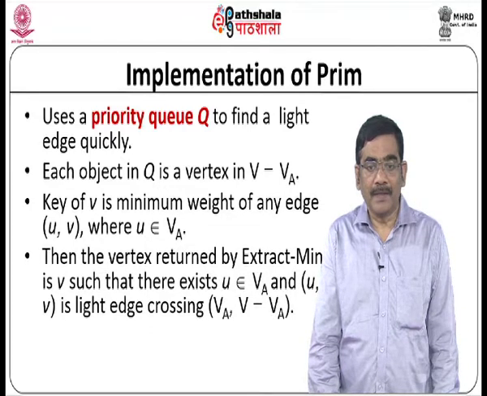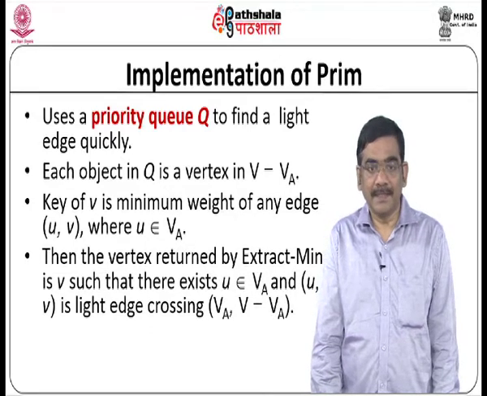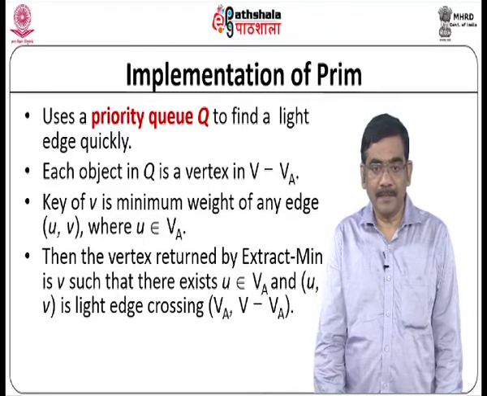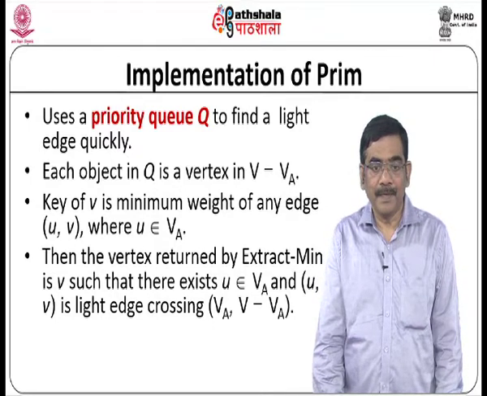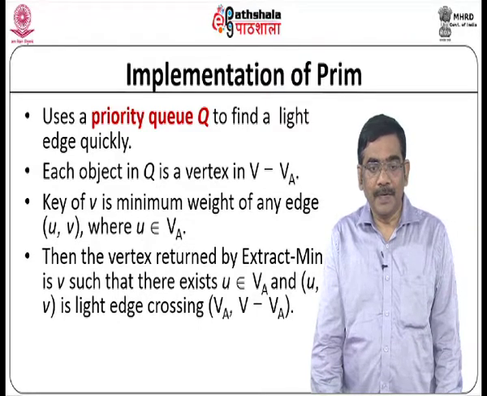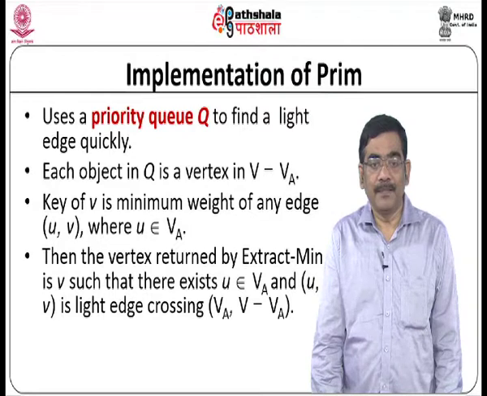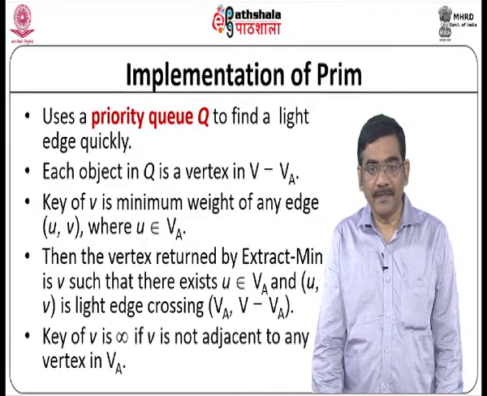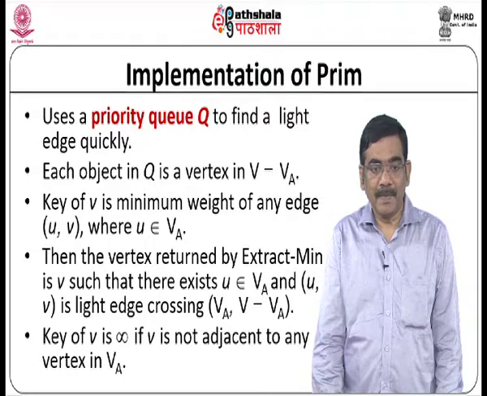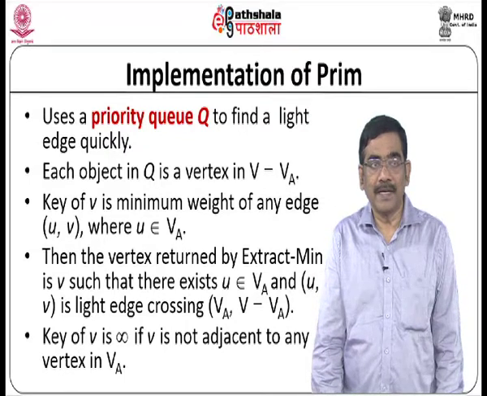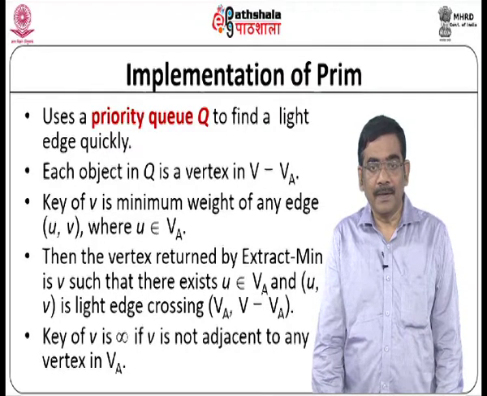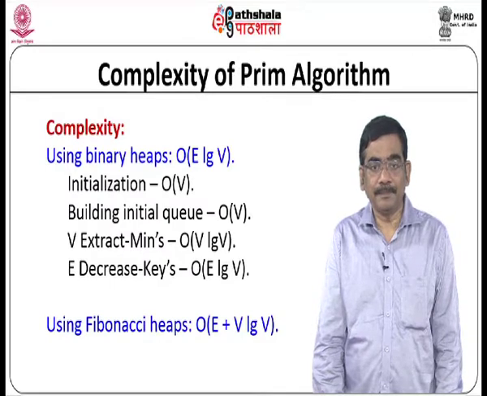The vertex returned by extract minimum belongs to V minus V_A, and it is the light edge crossing from V_A to V minus V_A. So, we can use the key attribute of the priority queue in Prim's algorithm.